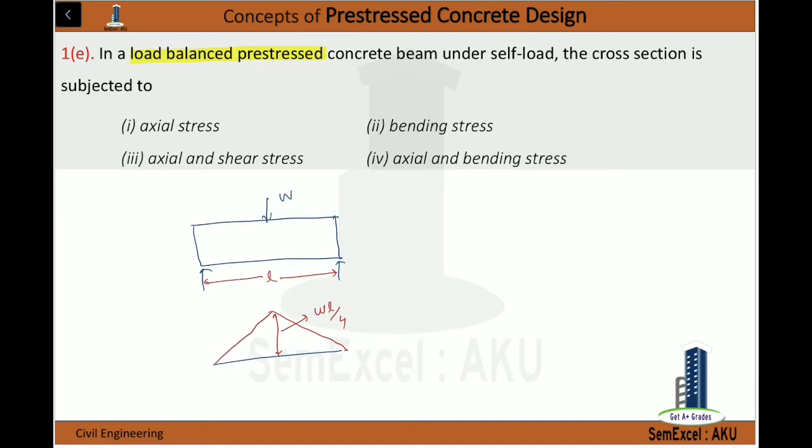Now this is the CG of the beam. If we place the pre-stressing cable in such a way that at each and every point the value of moment will be equal to the moment that has arisen due to the external load, so that there is not any bending compression or bending tension, simply we are nullifying the bending tension and bending compression.